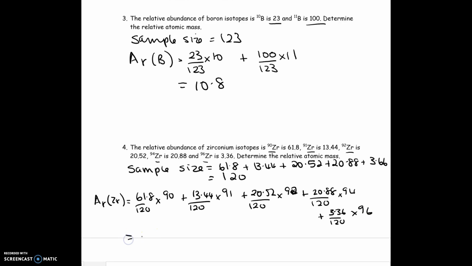Using our calculator to add them all up and work out the weighted average, it comes out to 91.3.